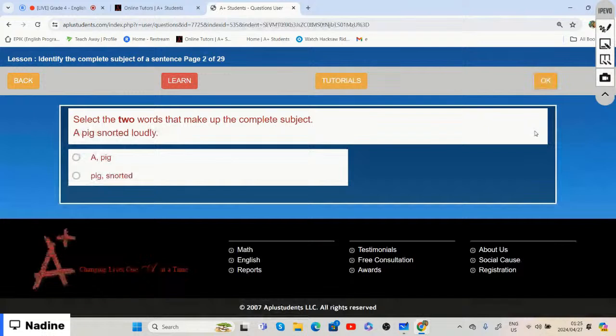A pig snorted loudly. We need to select the subject. Is it a pig, two words, or pig snorted?